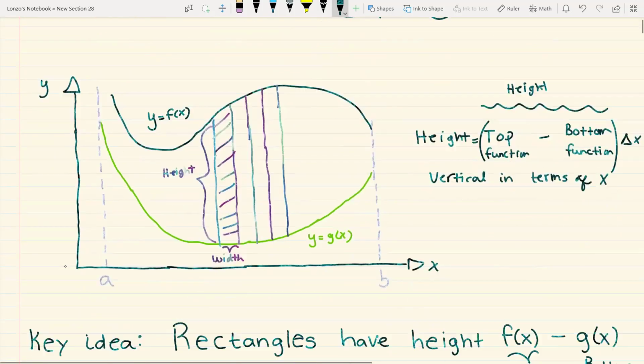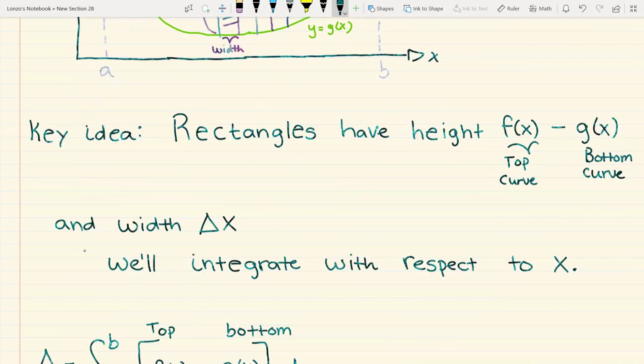Okay, we'll explain that a little bit more. So key idea: rectangles have a height of f of x, the top curve, minus g of x, the bottom curve. This is only if your rectangle is vertical, or if everything is in terms of x. And then the width is delta x.